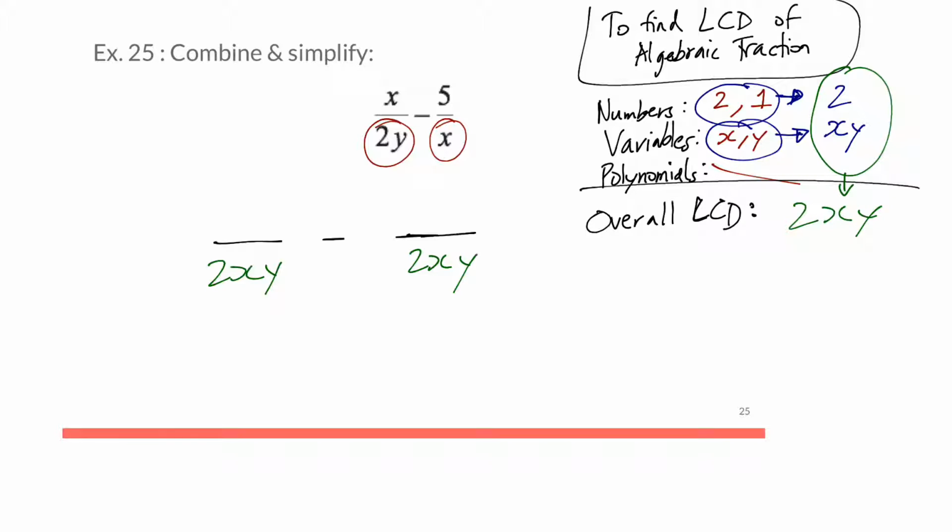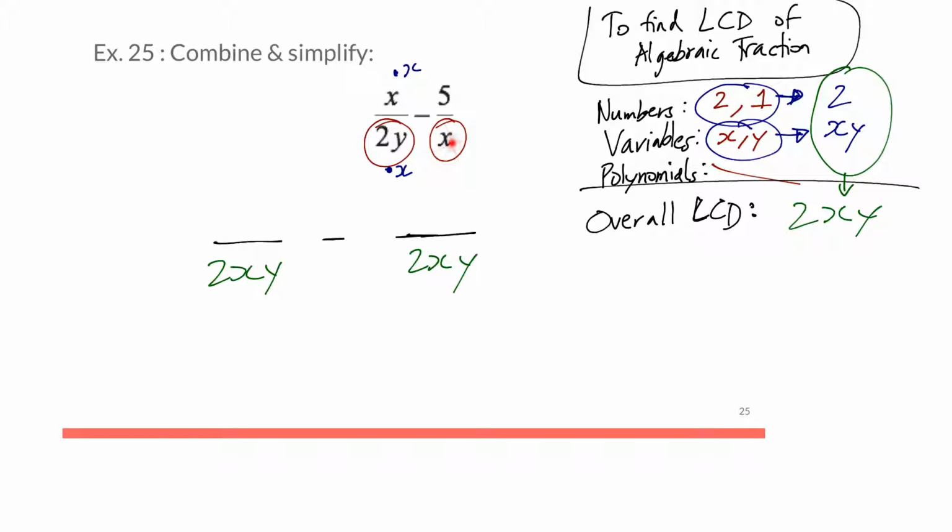And then the question becomes, if the original denominator was 2y and the new one is 2xy, can you see what the top must be multiplied by? Yes. And the way you can answer that is, what is this thing missing to become that? X. So if you multiply this one by x, you have to multiply the top by x also.